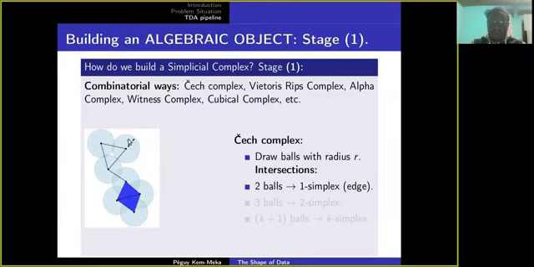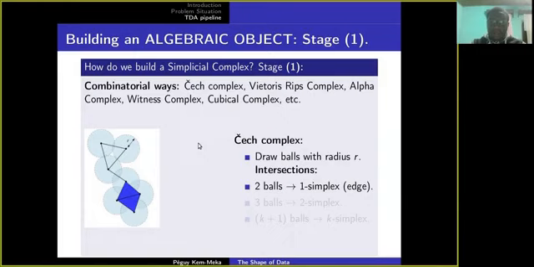We build balls around each point with a certain radius R. When 2 balls intersect, we build a 1 simplex or an edge. When three balls intersect, we build a 2-simplex. More generally, when k plus 1 balls intersect, we build a k-simplex.